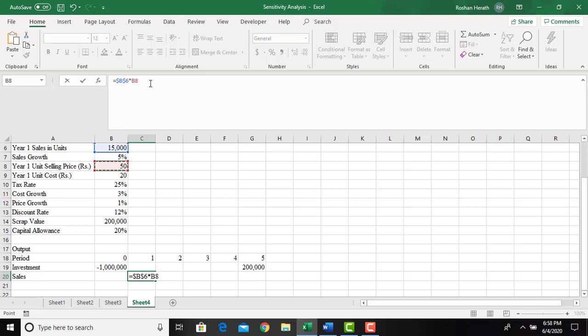So you may get the selling price, right? Then you may get the sales revenue for the first year, and thereafter you have to incorporate the sales unit growth and sales price growth.